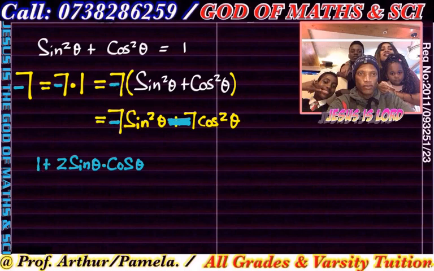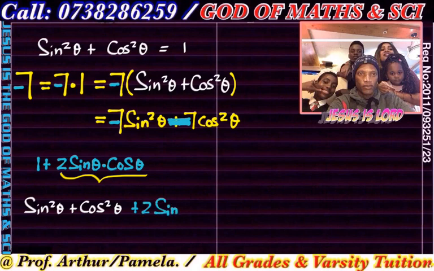But you are happy because you already know 1 in trigonometry. 1 in trigonometry is this one, sine squared plus cos squared. So I'm going to write it first: sine squared of theta plus cos squared of theta, and then plus 2 sine theta multiplied by cos of theta.